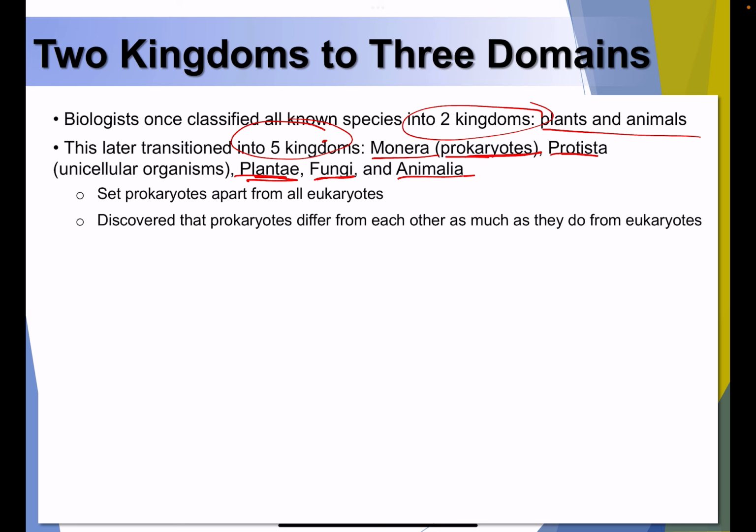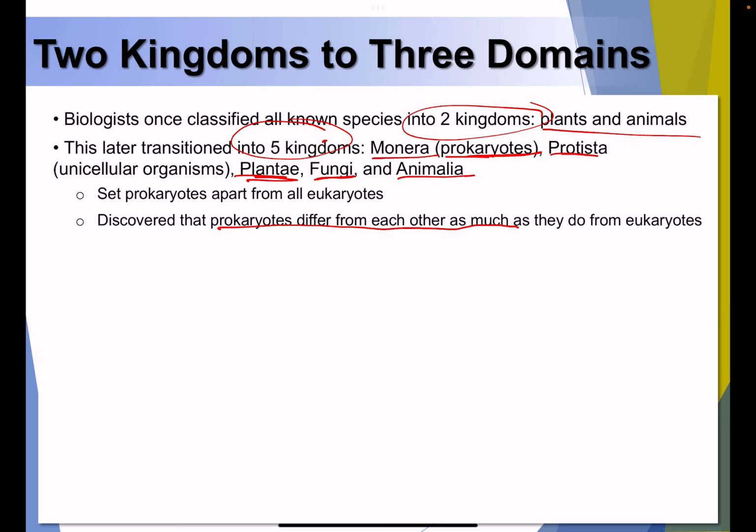This division into five kingdoms set prokaryotes apart from all other eukaryotes by placing them into their own little kingdom called the Monera. They also discovered that prokaryotes differ from each other as much as they do from eukaryotes. They used to say, oh, prokaryotes are so different from eukaryotes that we're going to set them apart in their own little kingdom.